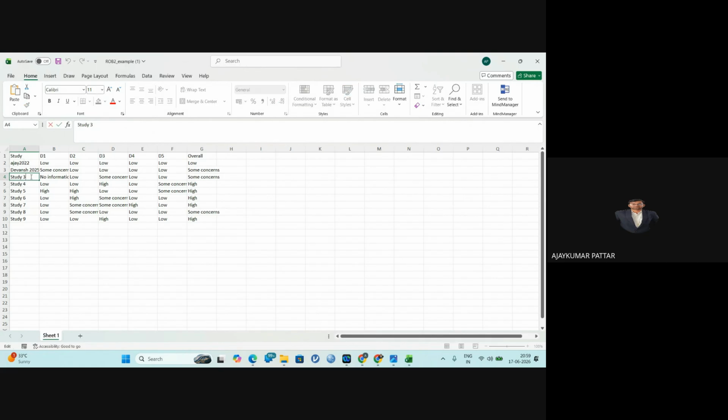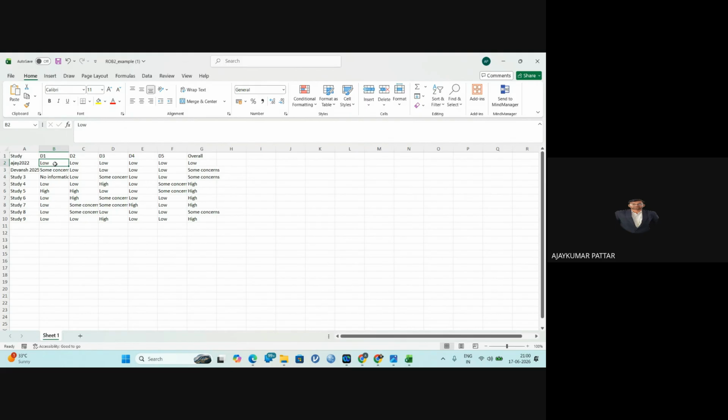So then for this particular paper, D1 we have measured, just now I have shown D1. So low risk is there. Then I have data, each individual data for a single paper. I will see that particular ROB tool. For this study, what I have mentioned in domain 1.